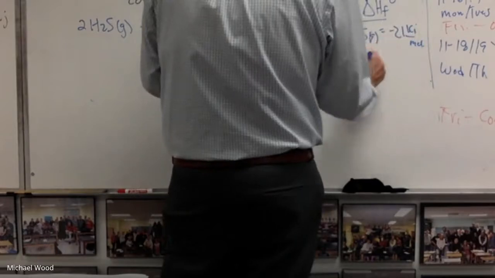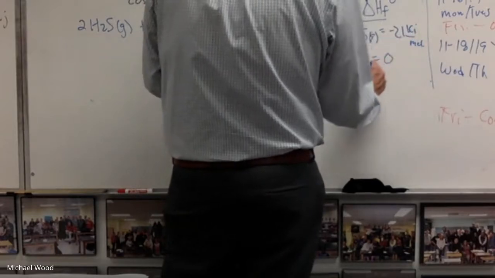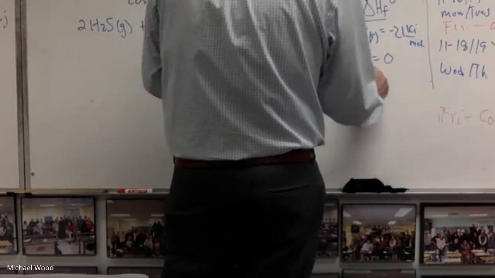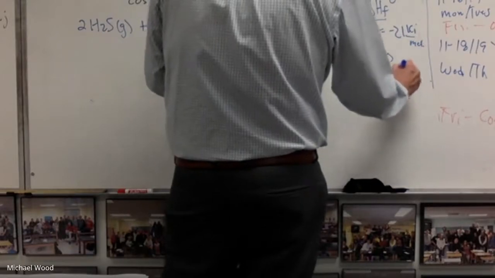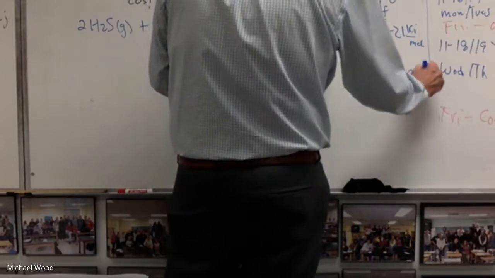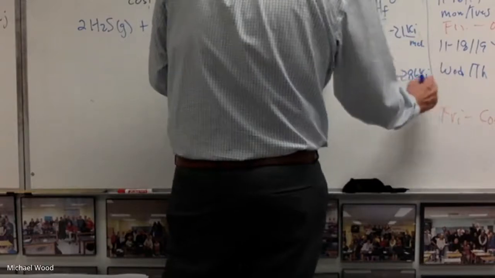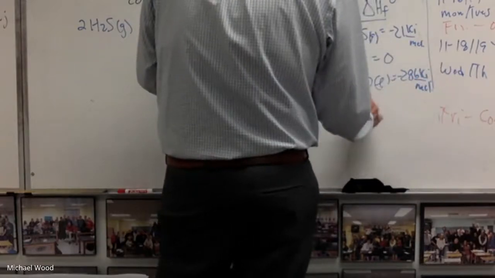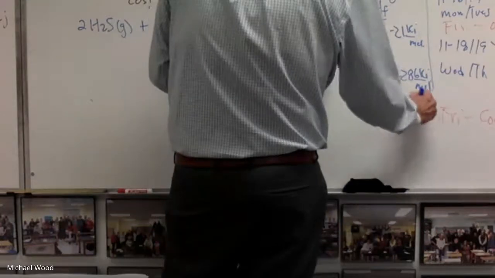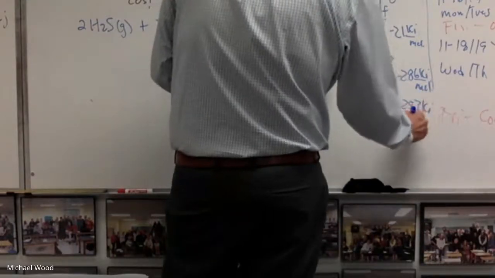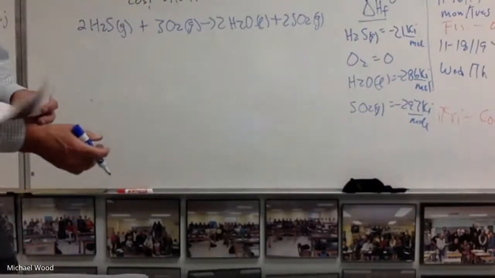The O2, again, is going to be 0. Something by itself is 0. H2O liquid is negative 286 kilojoules per mole. And then SO2 gas is negative 297 kilojoules. Again, these values you could look up or they would be given to you.